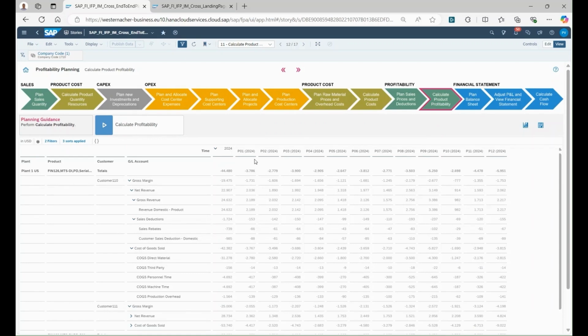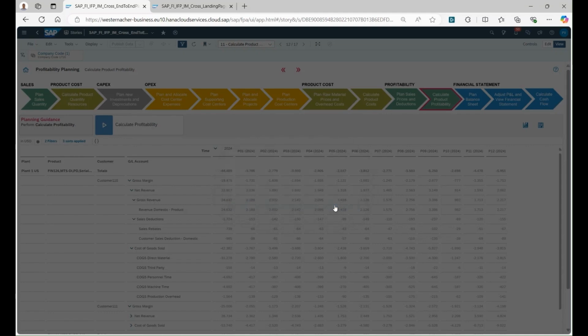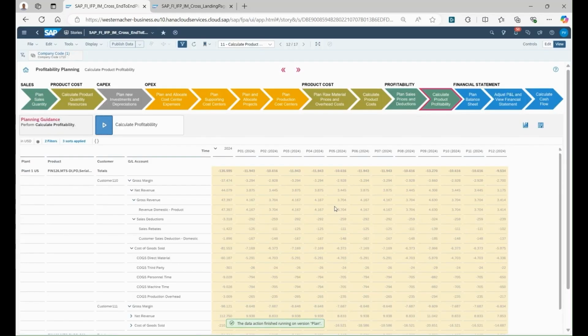What this will mean for Amy, back in the financial world, is her expected revenues, as well as the direct material costs associated with them, because we've been able to do a simulated MRP run in the IBP. And so we know how many pieces of our raw materials we're going to need.